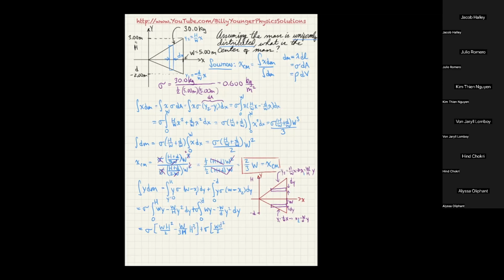The minus minus is going to become plus, so I'm going to get w over 3d. And then the integral, like I said, is y cubed over 3. We've already got the 3 down there, but this y cubed is going to be negative d. So in this case, it's going to be negative d cubed, and that negative definitely matters here. Okay, so the negative is definitely going to stick.